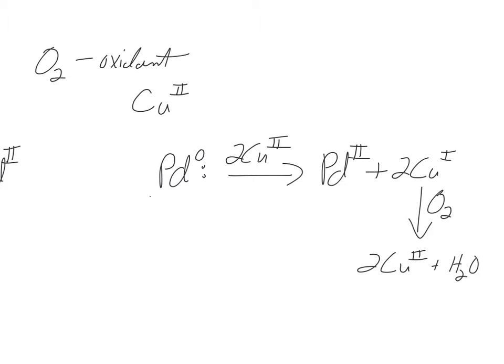The oxidizing agent gets reduced. And then we got our copper 2 back, which can then work on our palladium again. So a lot of times O2 is a nice oxidant. The problem is it doesn't necessarily directly act on our metals. So sometimes we have to add in this co-catalyst, essentially.